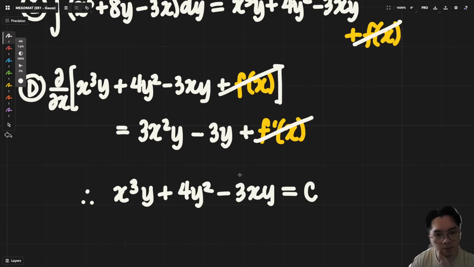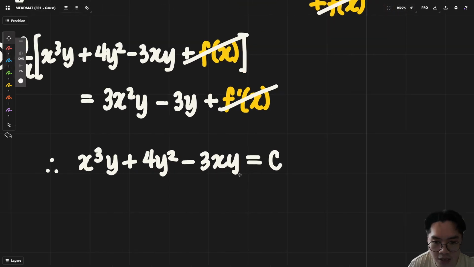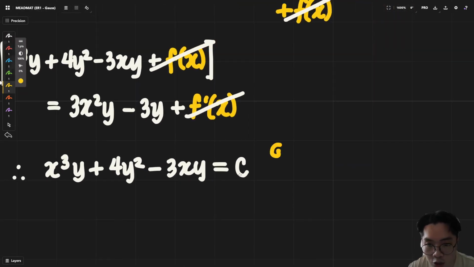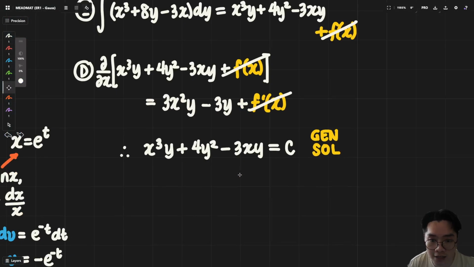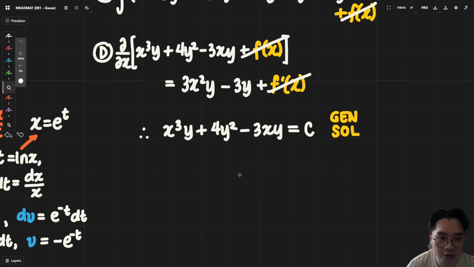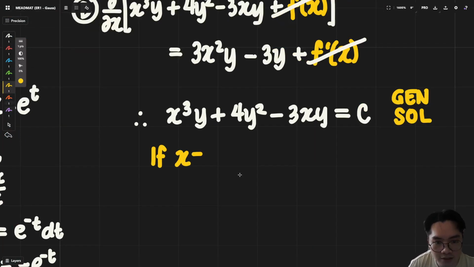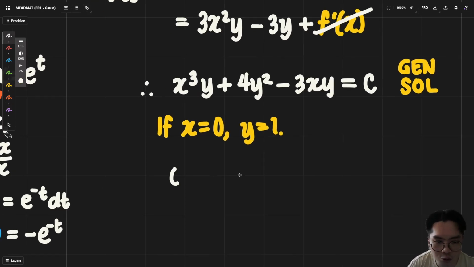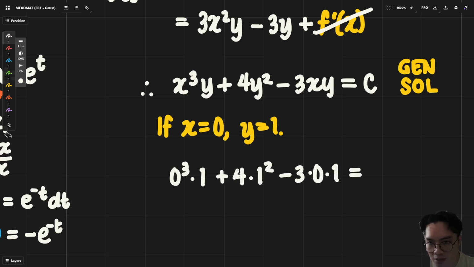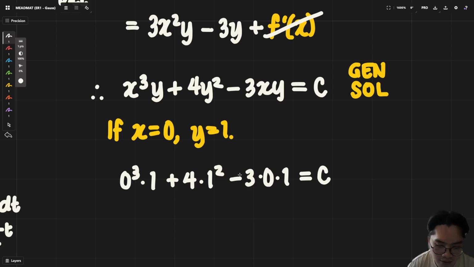The thing is, before we box this as our final answer, we need to remember that this is still just a general solution. What we need when we are given a boundary condition is the particular solution. So we need to substitute. If x is equal to 0, then y is equal to 1. Well, x is equal to 0, so 0 cubed times 1 plus 4 times 1 squared minus 3 times 0 times 1 is equal to C. These things get cancelled.